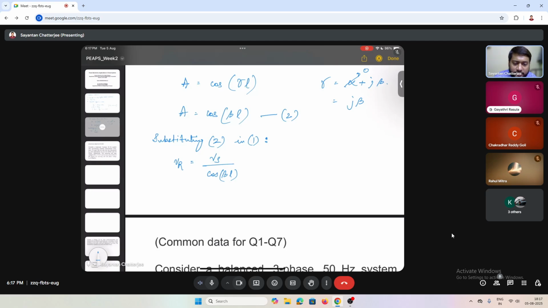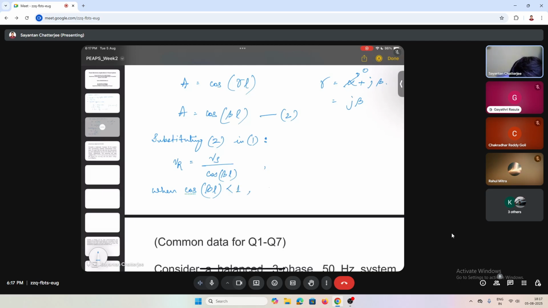Any value slightly deviated from 1 would result in VR greater than Vs. So we may say when cos beta L is less than 1, in any of those cases VR will be greater than Vs. This effect is called the Ferranti effect, and it is seen in the lightly loaded condition.